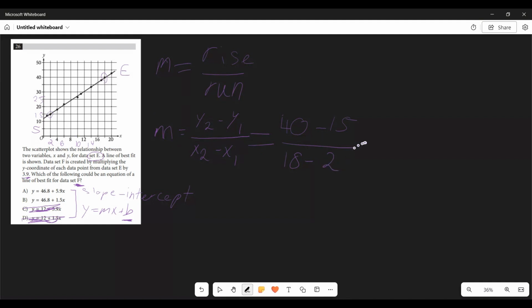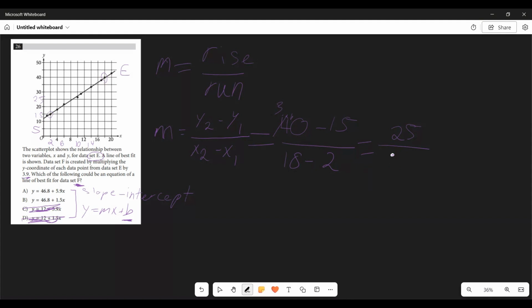So now you can use your calculator to calculate this, or you can do it in your head. 40 minus 15, let's see, borrow 1, that's going to be 10, that's going to be 5 in the units place. Then we're going to do 3 minus 1. That's going to give us 25. Maybe that's right, maybe that's not right. Double check with your calculator. Now 18 minus 2, that I can do easy.